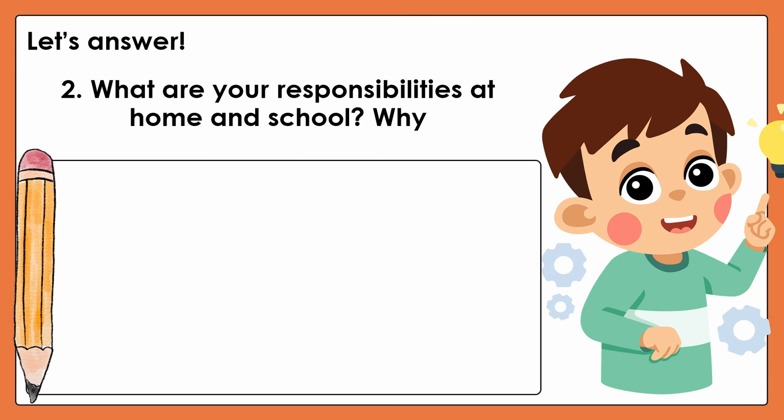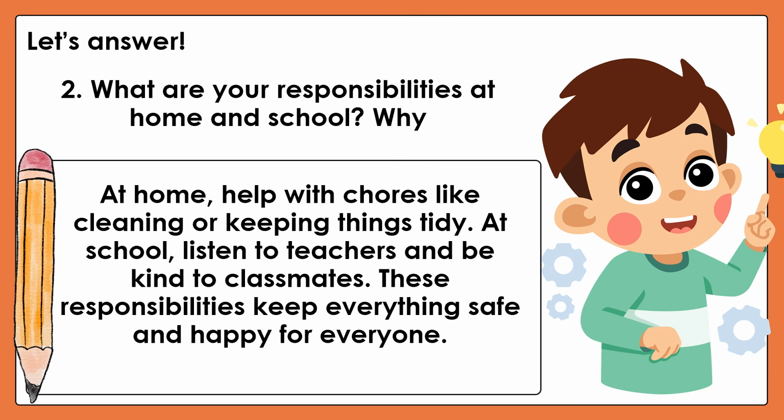Number 2, what are your responsibilities at home and school? Why? The answer: at home, help with chores like cleaning or keeping things tidy. At school, listen to teachers and be kind to classmates. These responsibilities keep everything safe and happy for everyone.